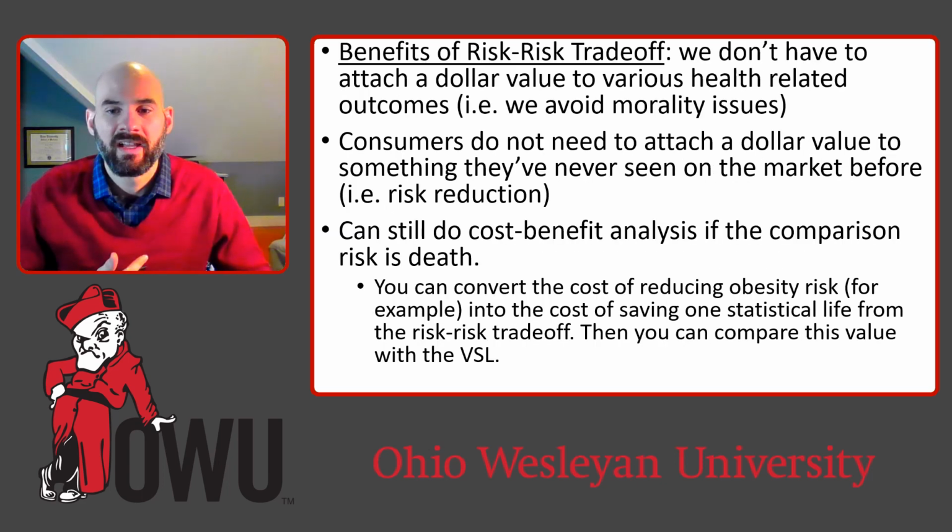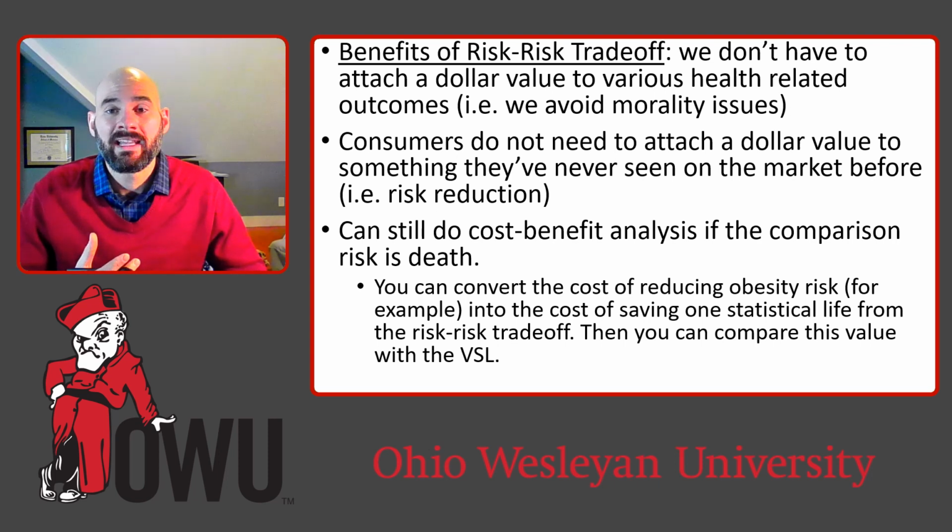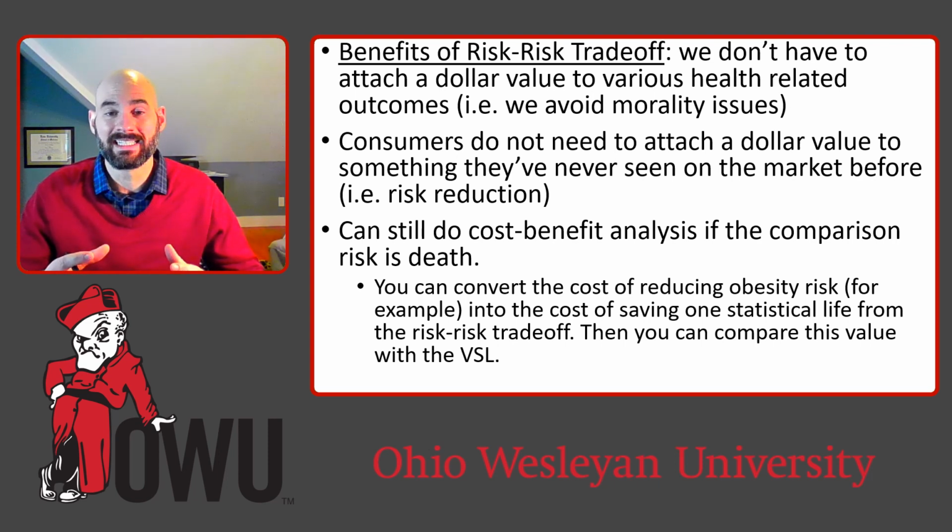However, there are certainly benefits to this approach as well, and really it's computationally going to be easier for us because we don't have to calculate the value for all different types of diseases or health outcomes. We just need a common denominator, basically.